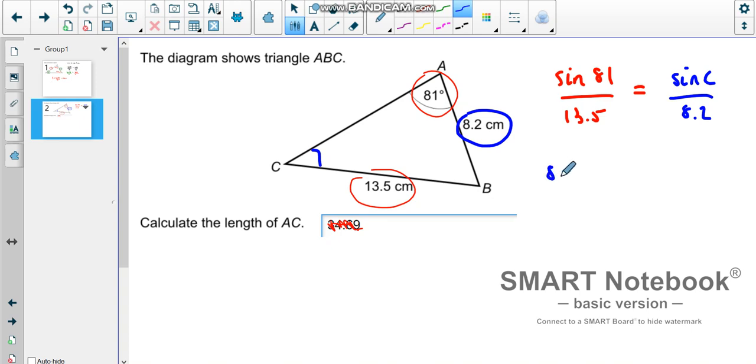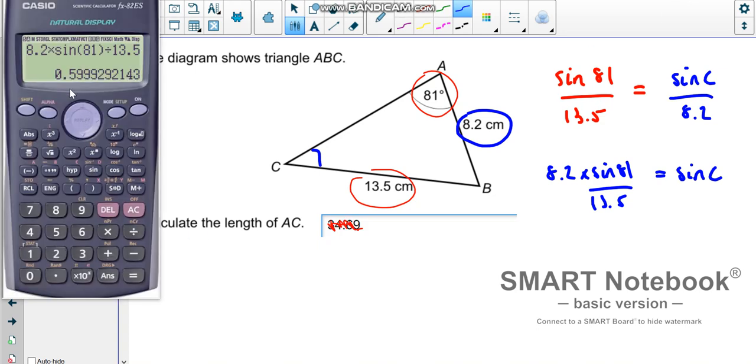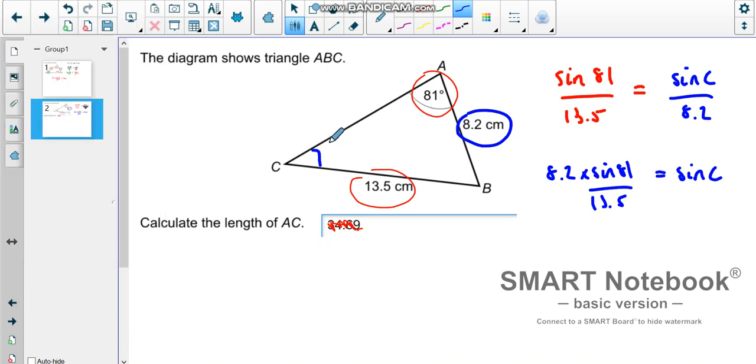That leaves us to rearrange to 8.2 times sine 81 over 13.5 equals sine C. That gives us a decimal of 0.5999, and then we do shift sine after answer. That gives us 36.86 on our angle there.